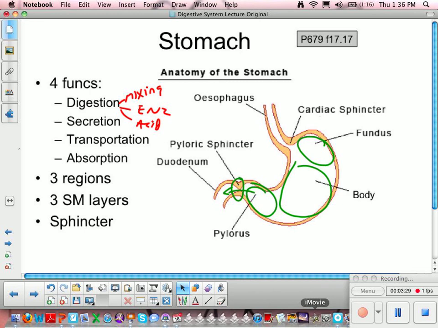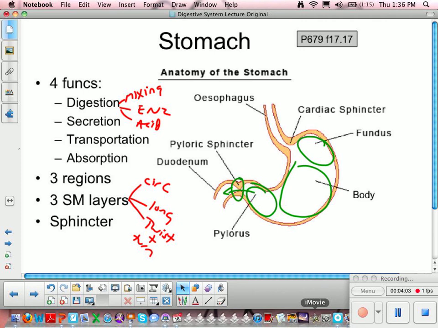The three smooth muscle layers of the stomach are related to the fact that you still have the two layers we had talked about before. There was a circular, a longitudinal, but there's a third layer that causes the stomach to be able to twist and, I guess, turn.